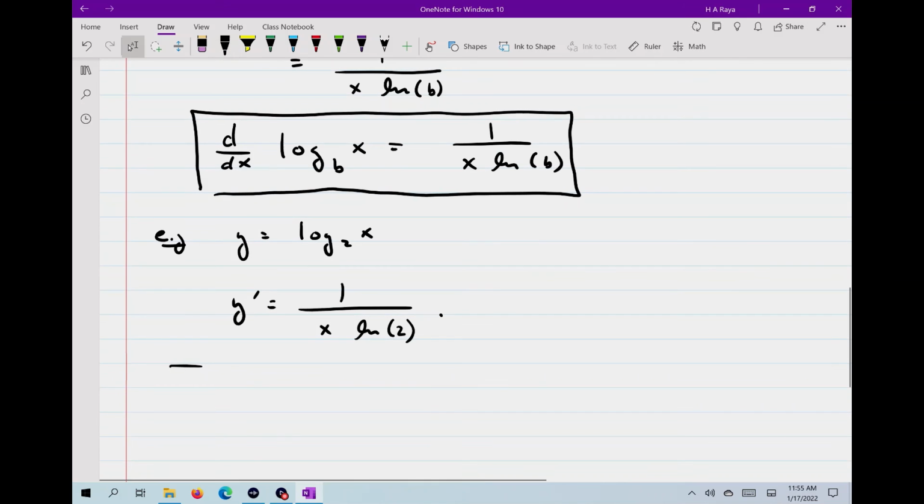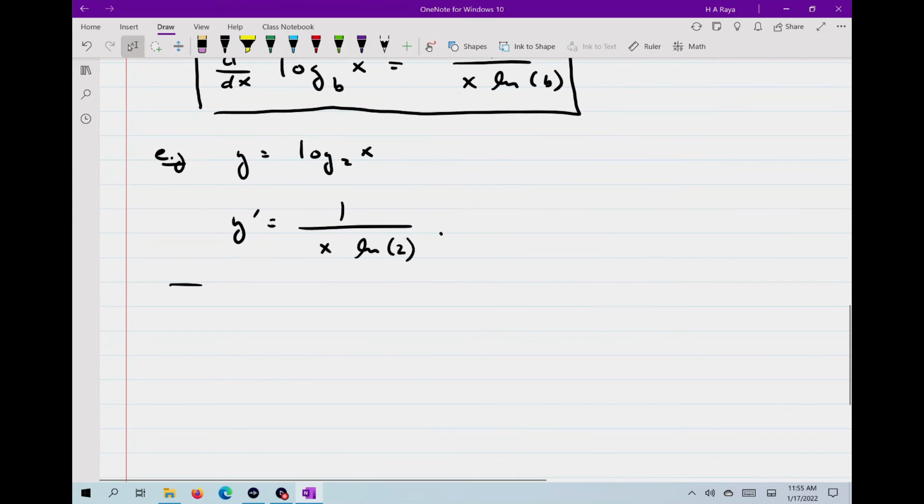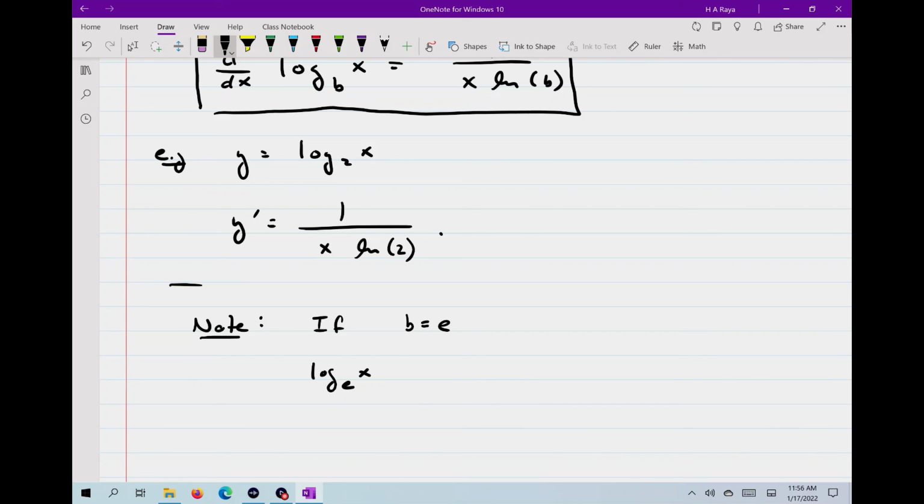Now, we have just said that the derivative of any logarithmic function can be computed this way, but in particular, if b is equal to e, we get a result that's pretty nice. If your b value is equal to e, then when you're considering log base e of x, you're really considering the natural log function.